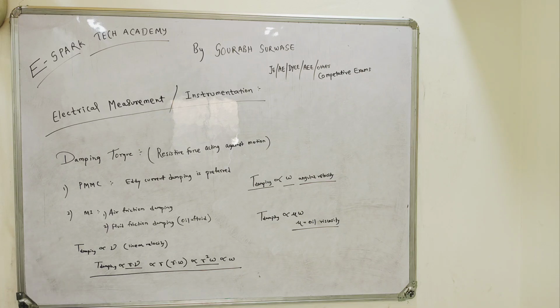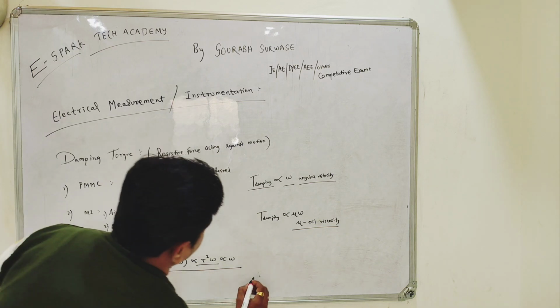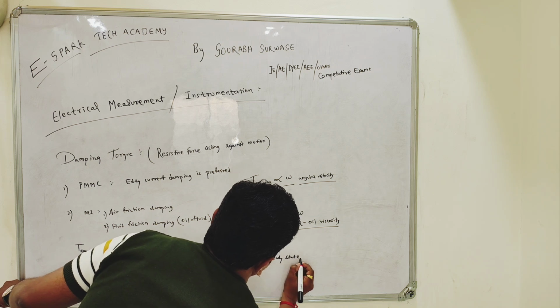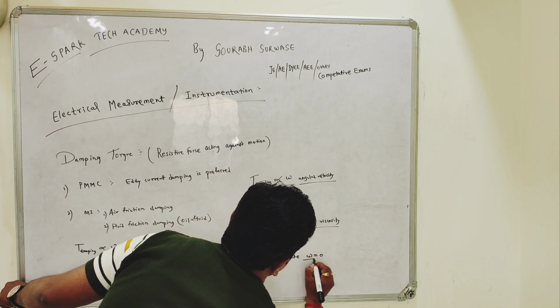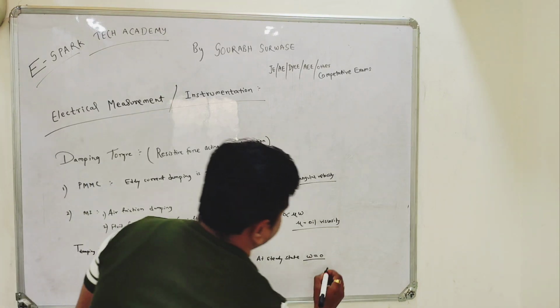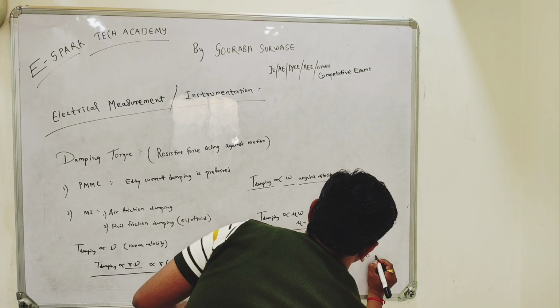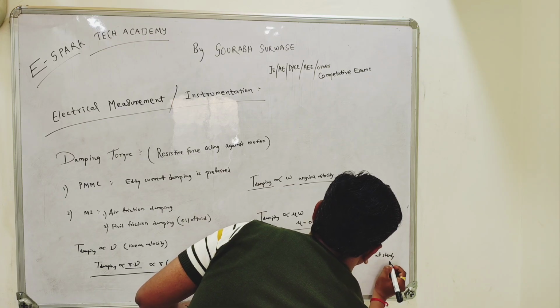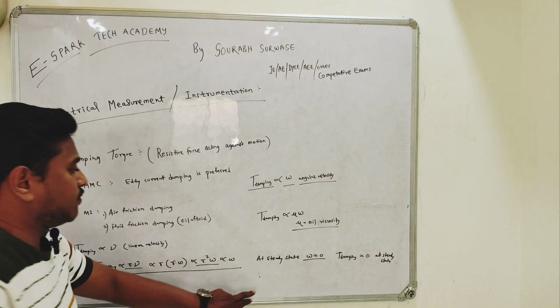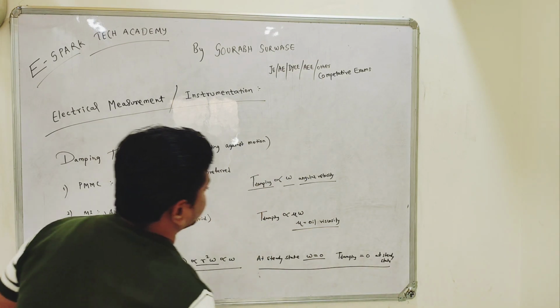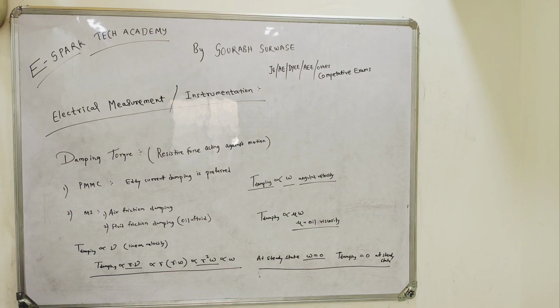This is nothing but the analogy for damping torque. It is not asked actually in exam, but I am giving you in order to clear your concept regarding the damping. And at steady state condition, omega is equal to 0, as angular displacement will be 0, hence damping torque T damping will be 0 at steady state. This will be asked in exam. So according to the equation, we have just proved why the damping torque is 0 at steady state condition.